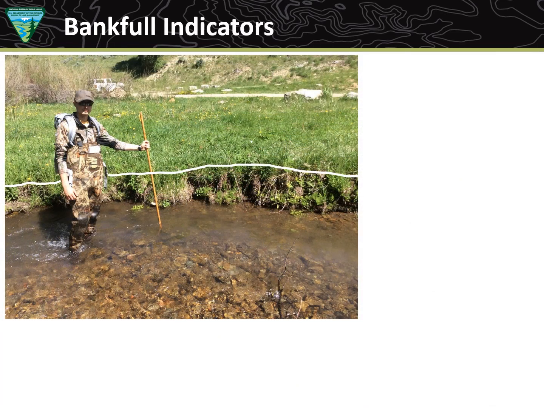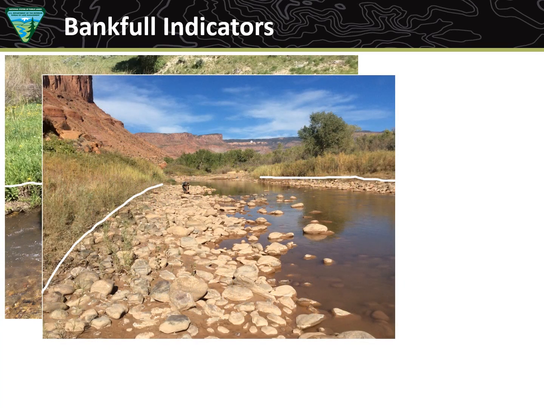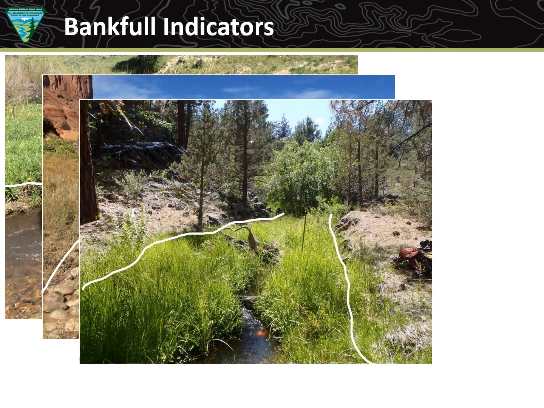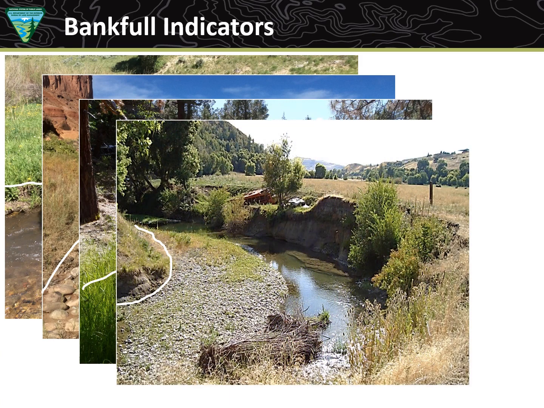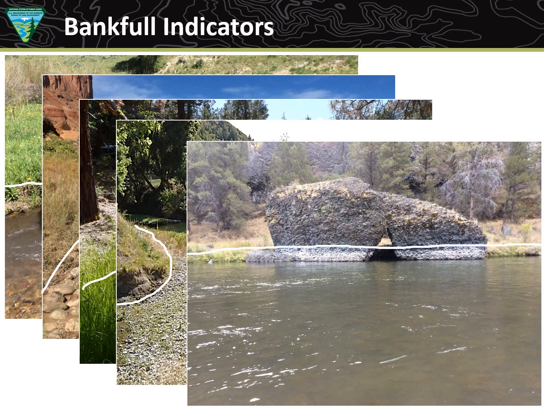These characteristics are a change in bank slope, a change in substrate size, a change in vegetation, the top of gravel bars, and the scouring or staining of rocks. It is important to note that not all of these characteristics will be present at every stream, and a combination of these clues should be used to correctly identify Bankfull throughout the sample reach.